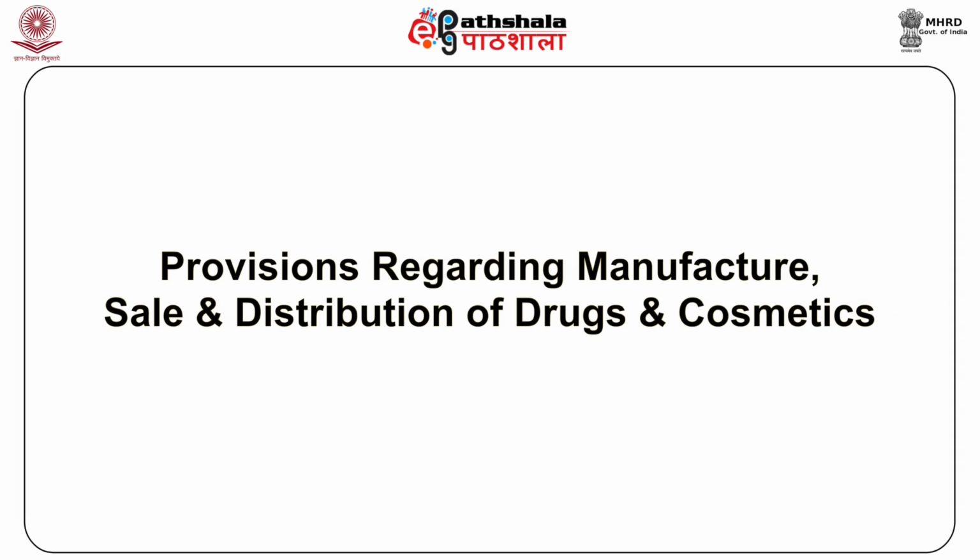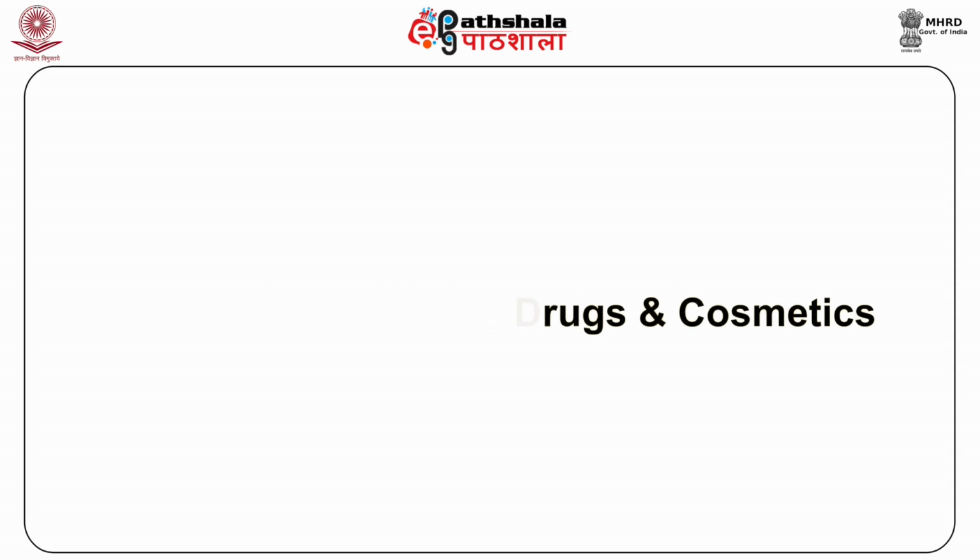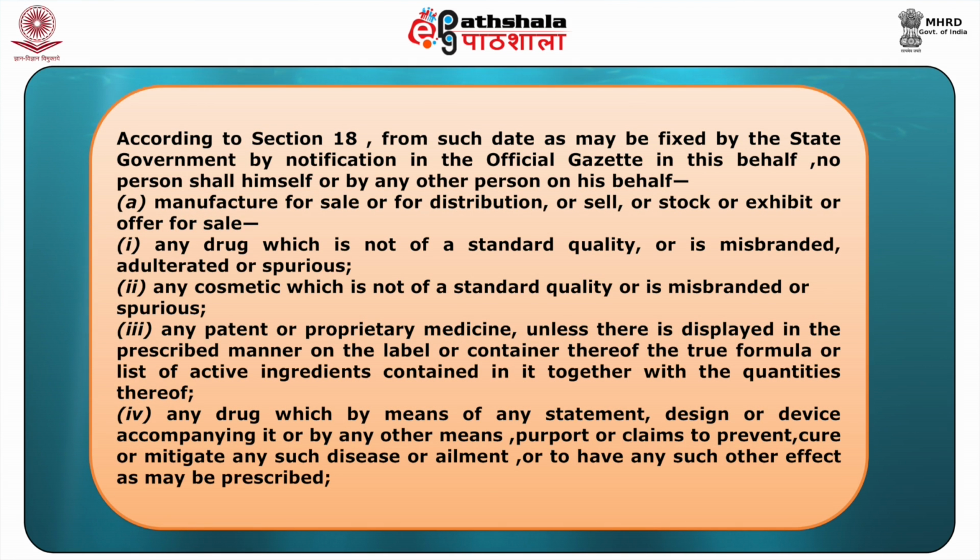Provisions regarding manufacture, sale and distribution of drugs and cosmetics. Chapter 4 of the Drugs and Cosmetics Act deals with various provisions regarding the manufacture, sale and distribution of drugs and cosmetics. The sections under this chapter also cover the penal provisions as to the non-compliance of necessities of the manufacture, sale and distribution of drugs and cosmetics mentioned under this Act.